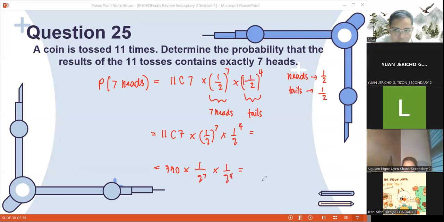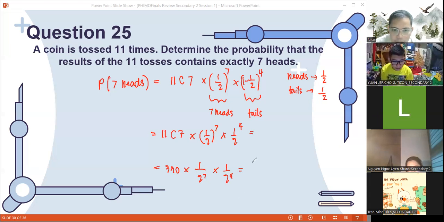So that is 2,048 over 330. So it's 165 over 1,024. So this is our answer.